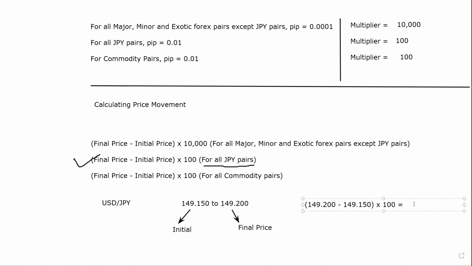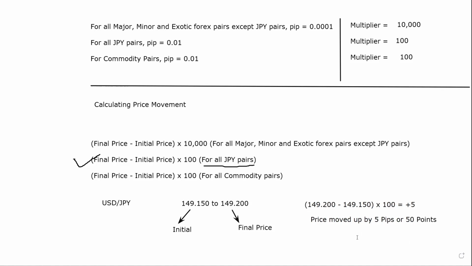The answer is 5, so the answer is +5. What does this mean? This means the price moved up by 5 pips, or 50 points. Simple as that.